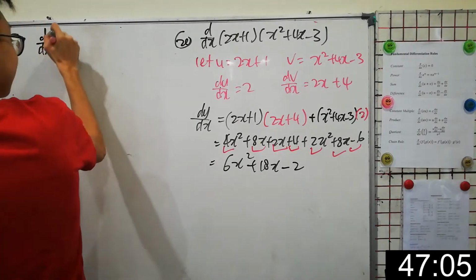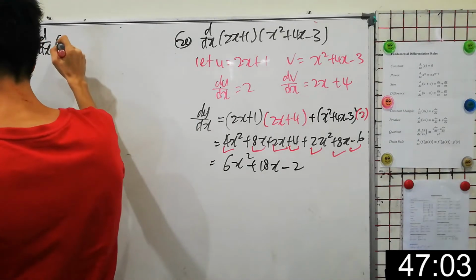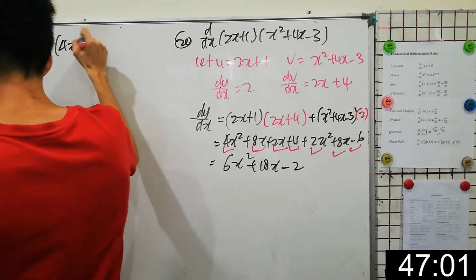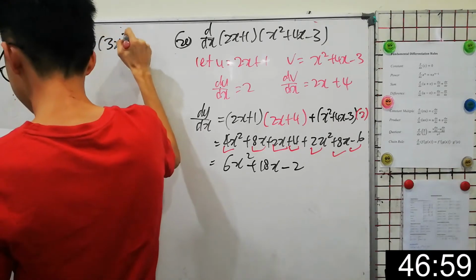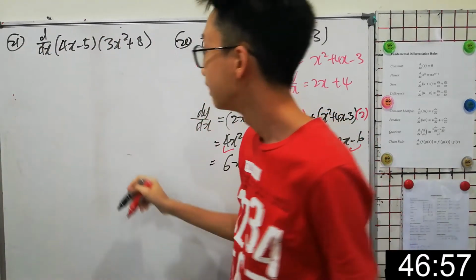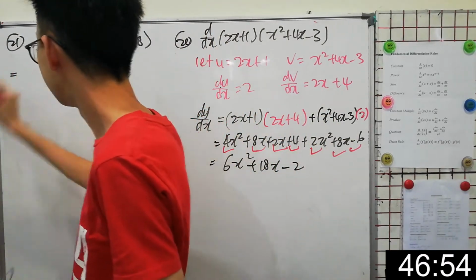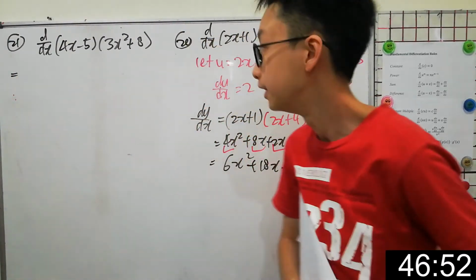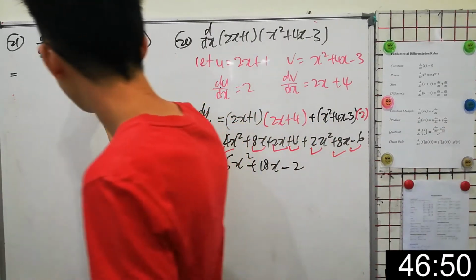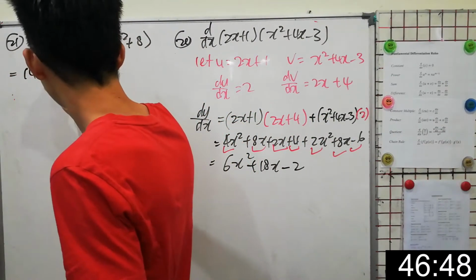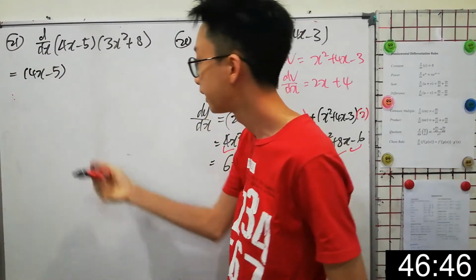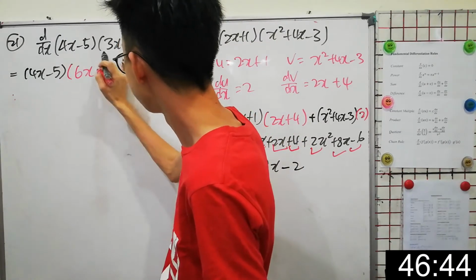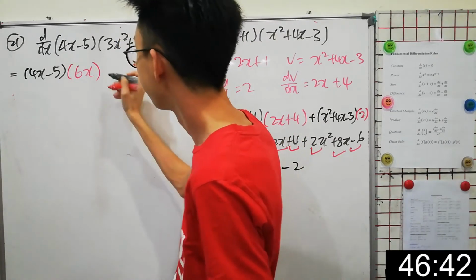Okay, d/dx of, where are we? 4x minus 5 times 3x squared plus 8. Again we'll use the product rule, but this time I will do it directly. You copy the first bracket, differentiate the second bracket, you get 6x, then plus 8 differentiates to 0.